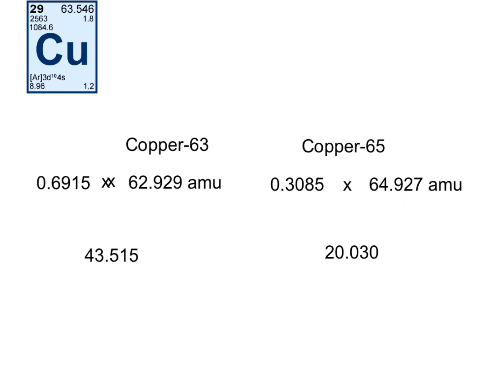And then we'll take those two products and add them together. And their sum is 63.545 atomic mass units. And look, we came really close to the number that's on the periodic table. And that's how average atomic mass is calculated.